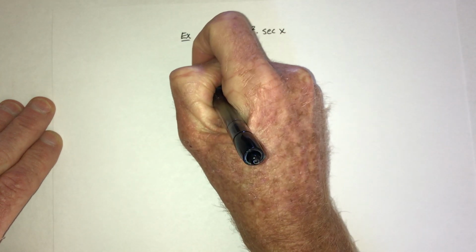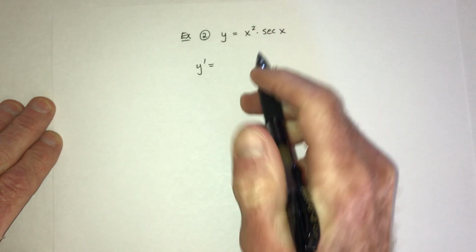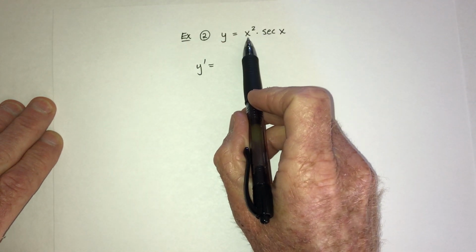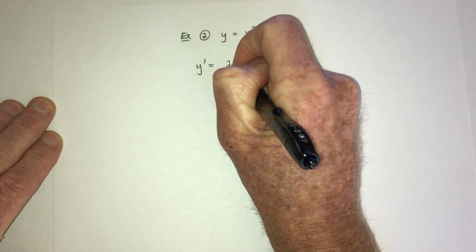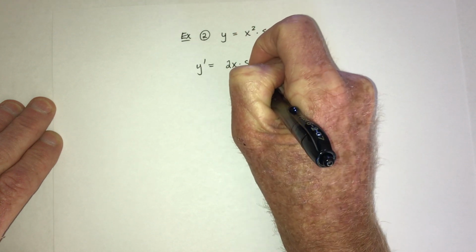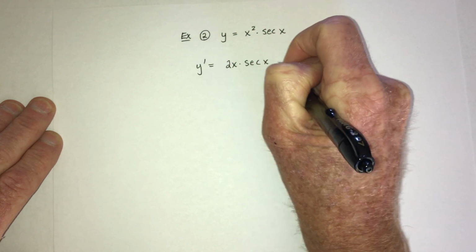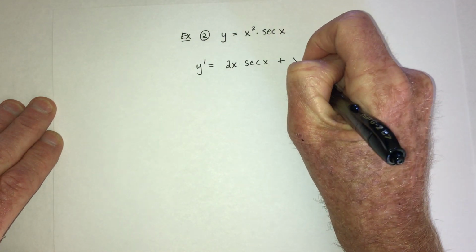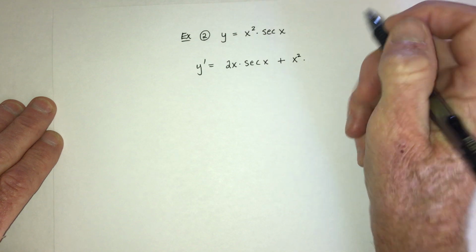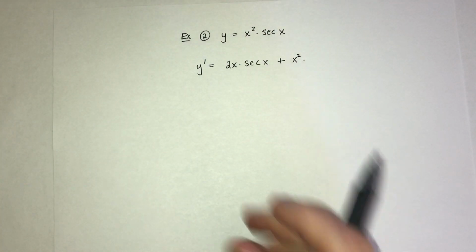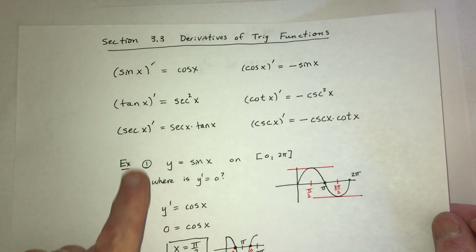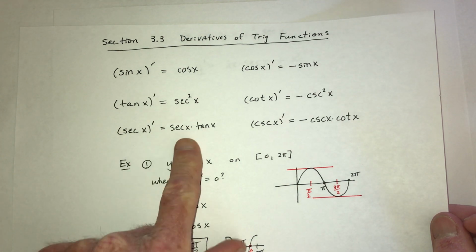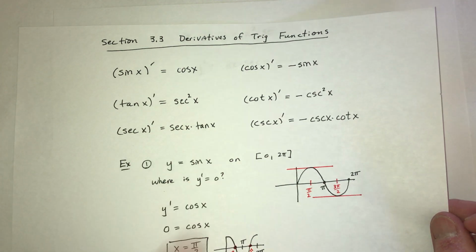So the product rule goes, take the derivative of each one of these, but you can only do one at a time. So the derivative of x squared, that would be 2x, and then leave secant alone. The product rule has plus. Now leave x squared alone, and what's the derivative of secant? So then I have them memorized. The derivative of secant is secant of x times tangent of x.